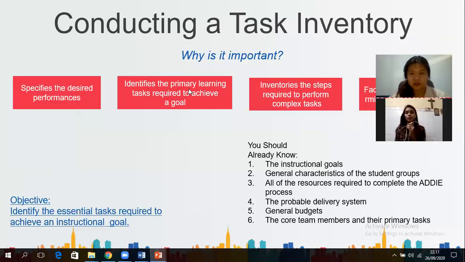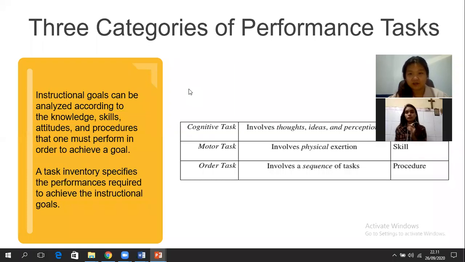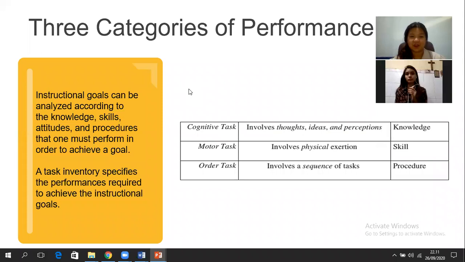Okay, so these are the three categories of performance tasks. The first one is the cognitive task. It involves thoughts, ideas, and perceptions.